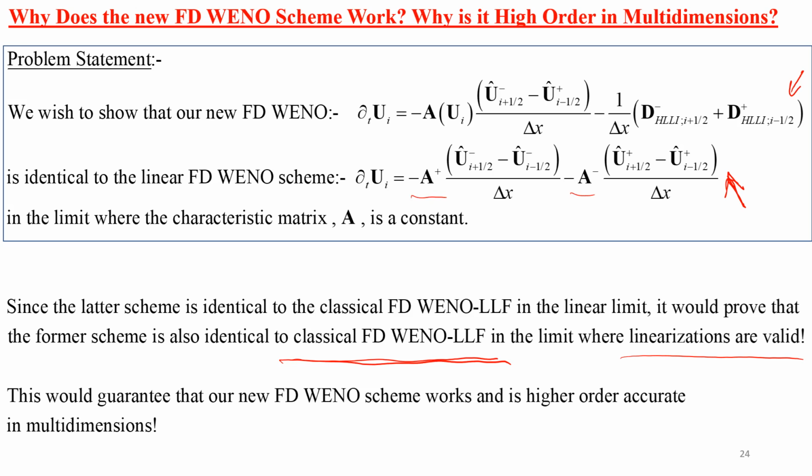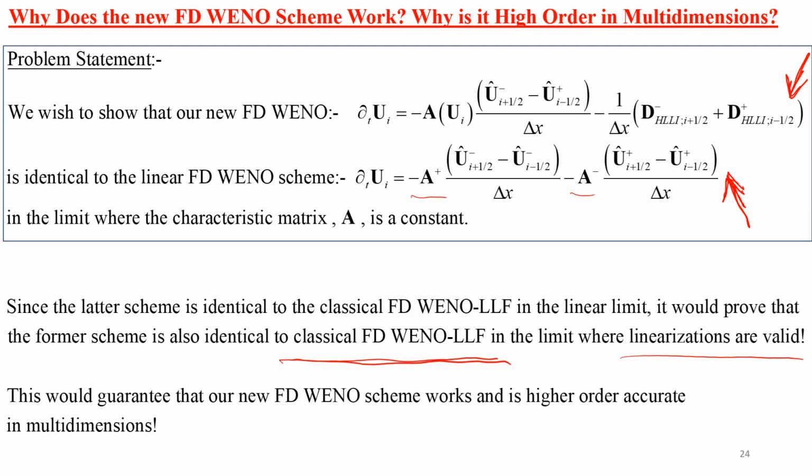We therefore want to show that we can start with this one out here, and through a sequence of manipulations, at least in the limit where A is a constant, we can obtain this one out here without a problem. So let's go ahead and see exactly how this works.